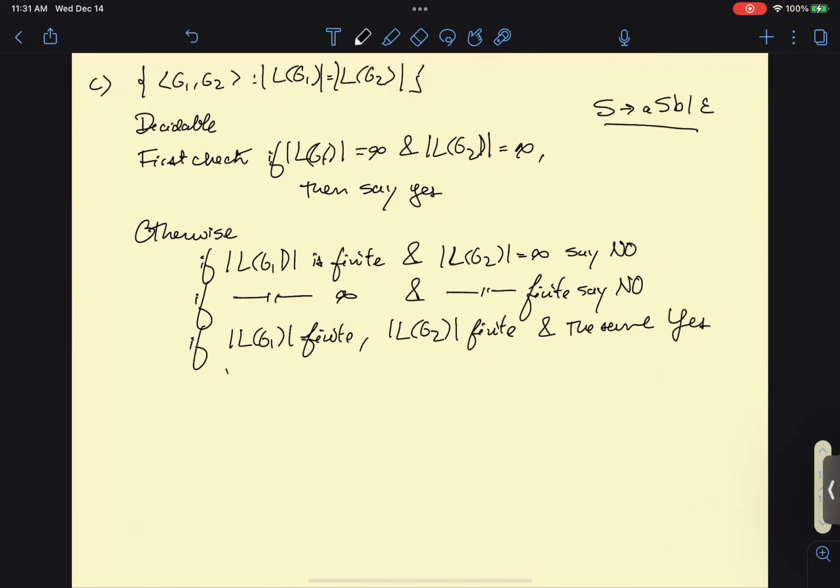Say yes, otherwise you say no. Right, sorry about that. So C is in fact decidable. Now I understand why there are so many questions on Ed about that.